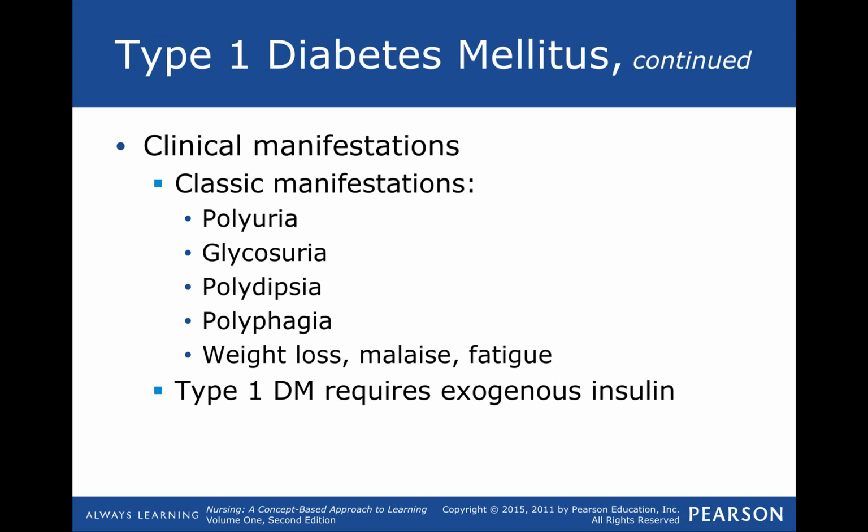The manifestations here, before I get into this, I just want to remind you that hyperglycemia causes hyperosmolality. It draws water from intracellular spaces into the circulation, and this increases the blood volume, it increases the renal flow, and it's almost like hyperglycemia acts as an osmotic diuretic. And so because of that, you have people with polyuria.